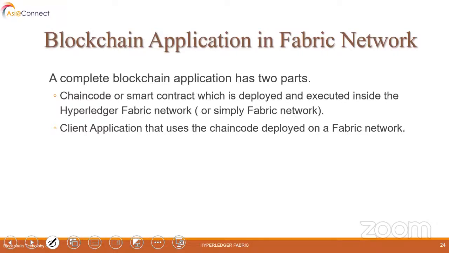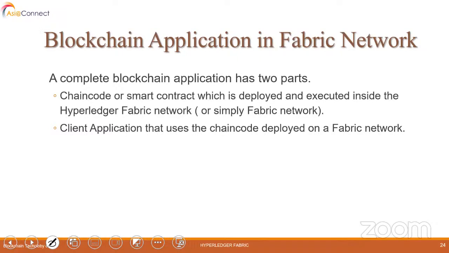And then we have a client application that uses the chain code deployed on the Fabric network. Similarly, like in the Solidity language, you wrote smart contracts, but for running those applications, you need some front end that integrates the front end with the back end.